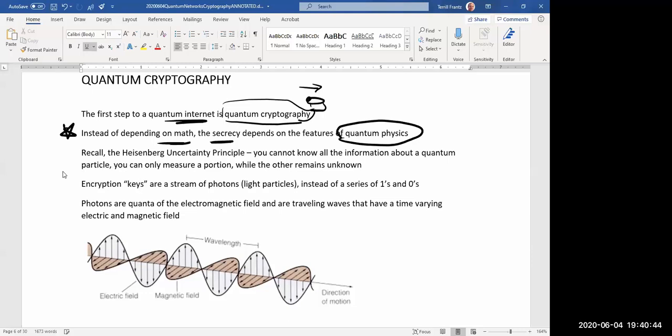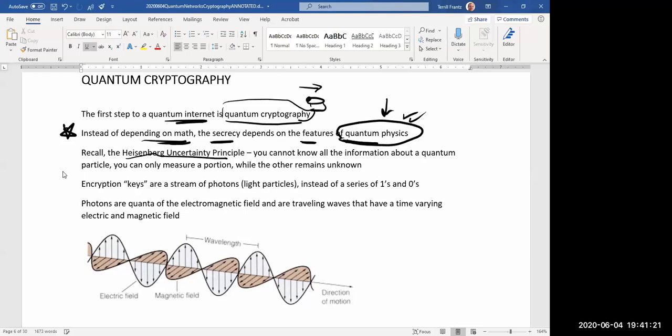Based on what we know now, there's really no way known to man so far to break quantum physics, to clone, for example, a particle. So if we can rely on quantum physics over just a very hard math problem, we basically eliminate the threat of a powerful quantum computer.